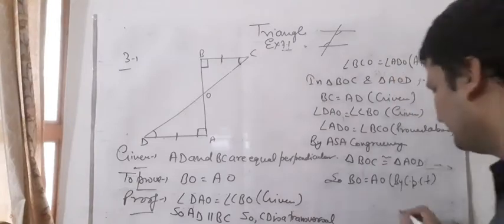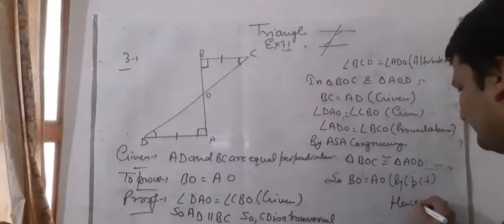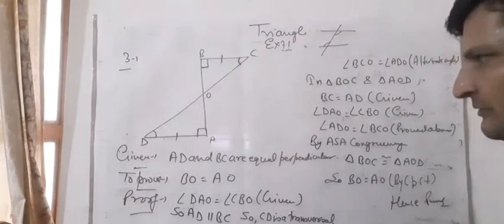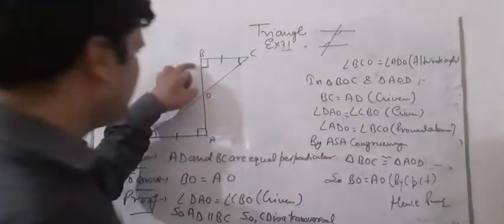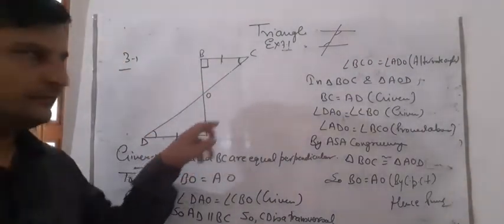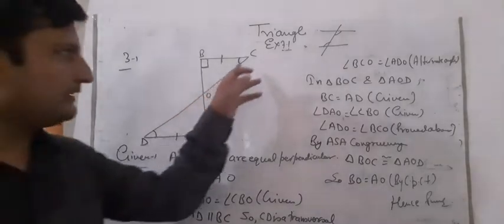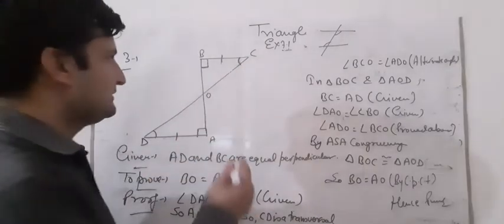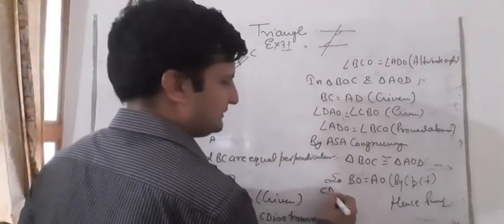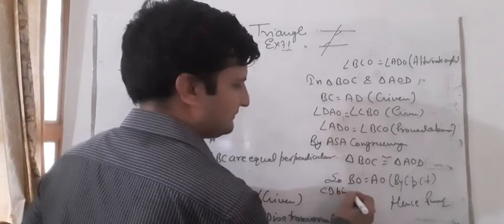This is hence proved. We had to prove that BO is equal to AO, which means at the last you can write CD bisects AB. CD bisects AB.